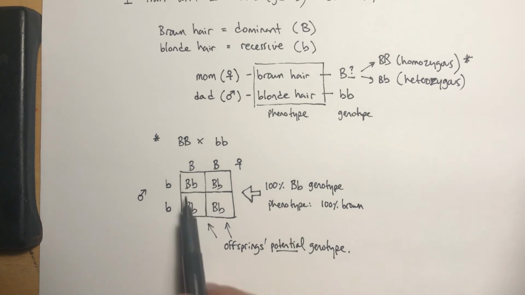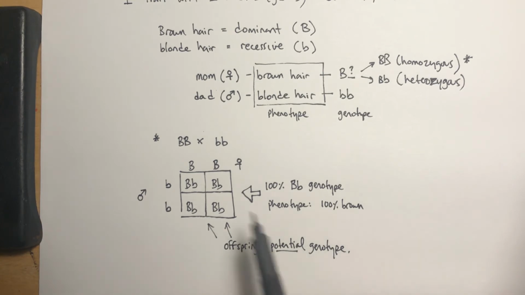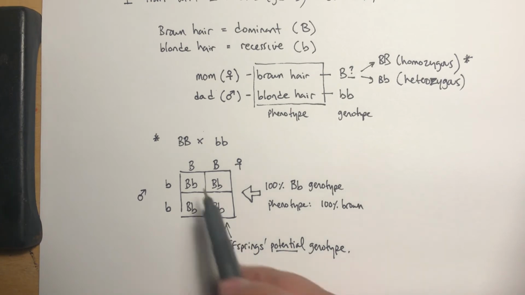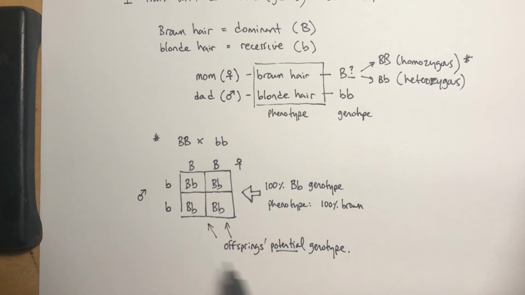Because every one of them has at least one dominant gene, and that dominant gene overpowers the recessive. So that's where your law of dominance fits in. And to make this Punnett square work, this is where your law of segregation and pairing comes in. So that's one possibility.